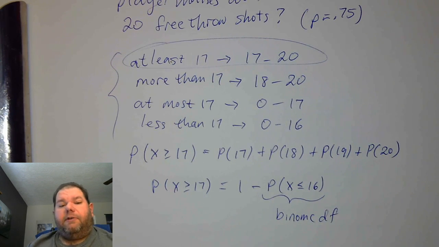In this case, C means cumulative density function, which means we're actually combining all of those together. So we use binomial PDF for one value, but binomial CDF for a range of values.